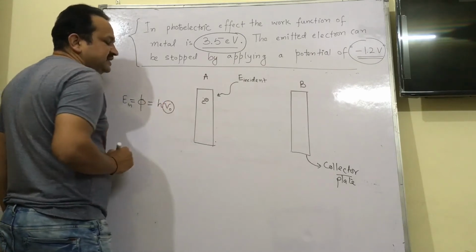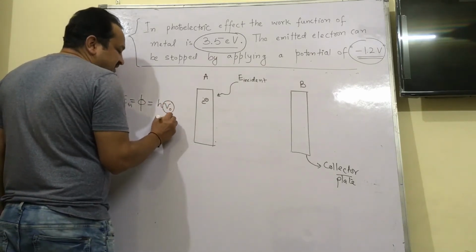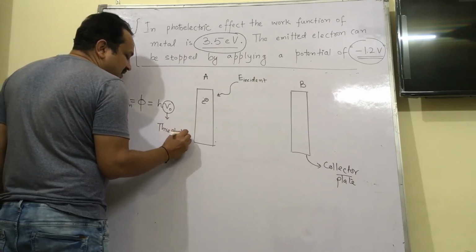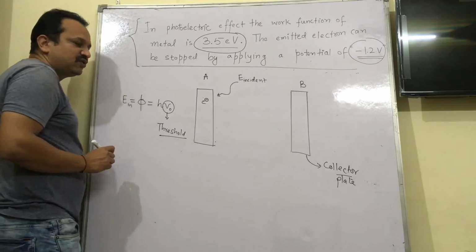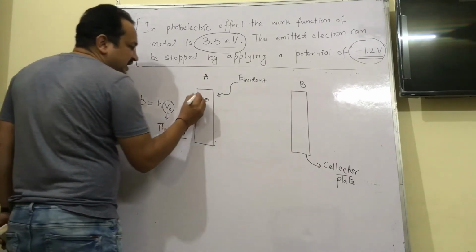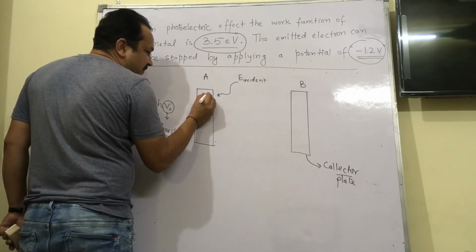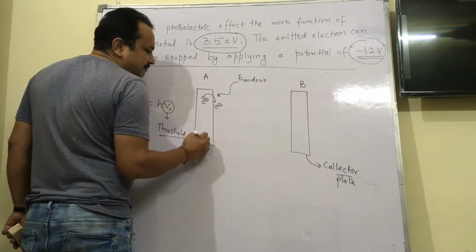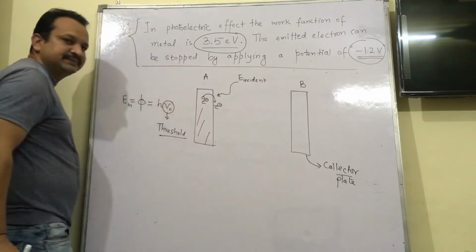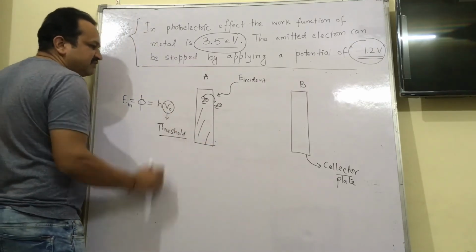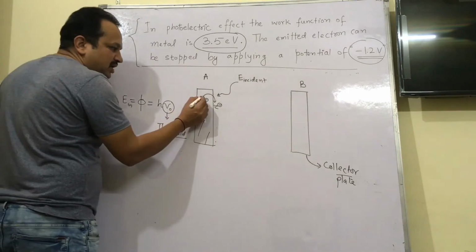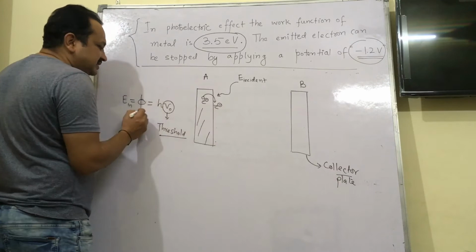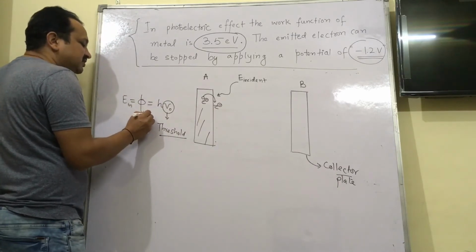This is the minimum frequency, which is known as the threshold frequency, at which the electron will come out to the surface of this metal plate. So at this frequency, when the electron comes out at the surface of the metal, this is known as the work function.